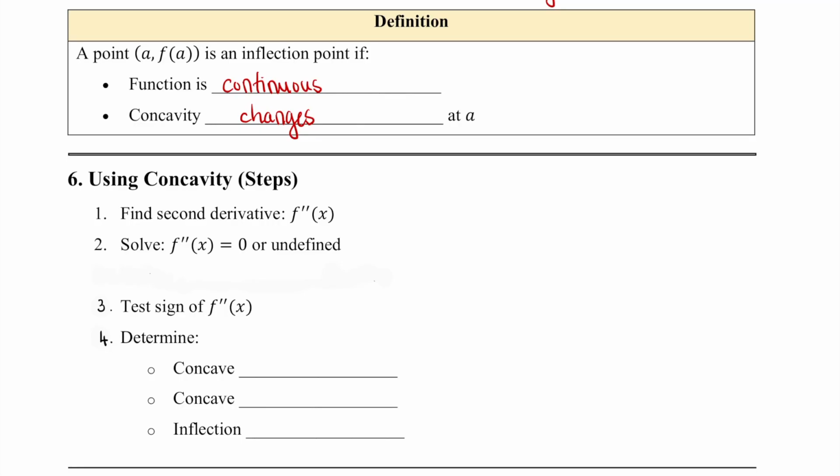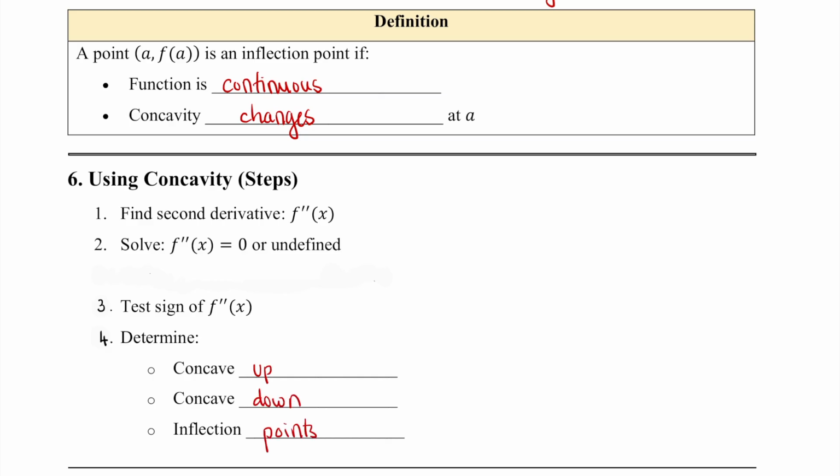Step 3, test the sign of the second derivative. This tells us whether the function is concave up or concave down. Step 4, determine where the function is concave up, concave down, and where there are inflection points.